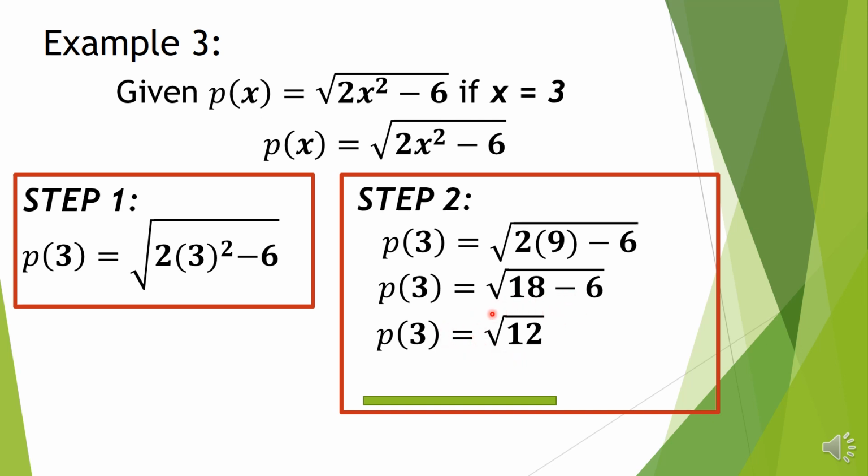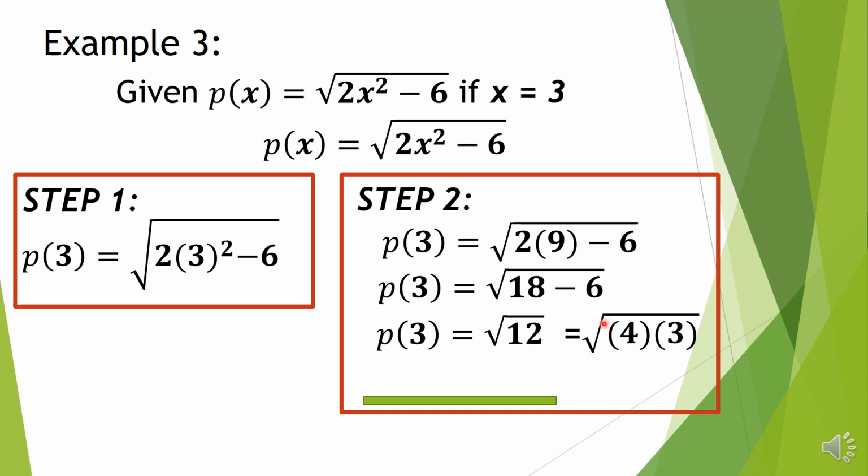But we need to simplify this expression. To simplify this, we need to find the factors of 12 in which one of its factors must be a perfect square. The only factors of 12 that give a perfect square factor are 4 and 3.